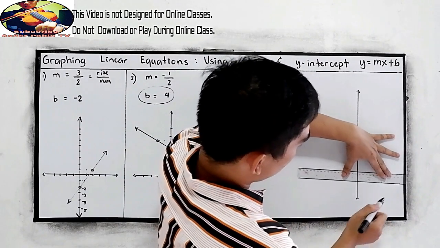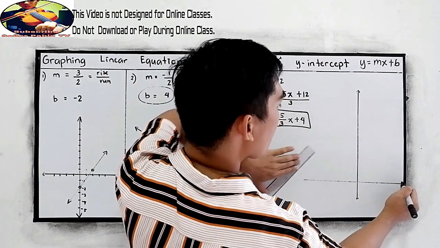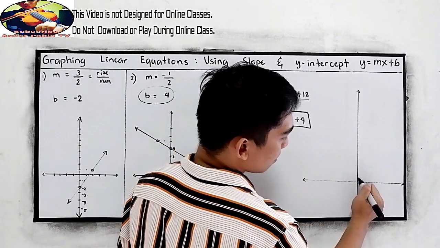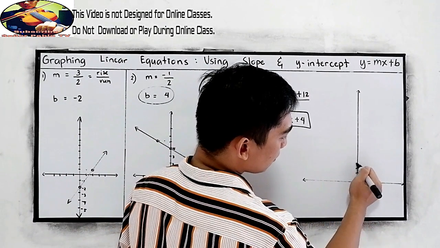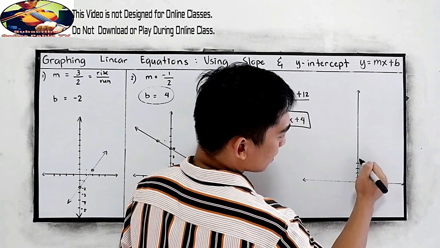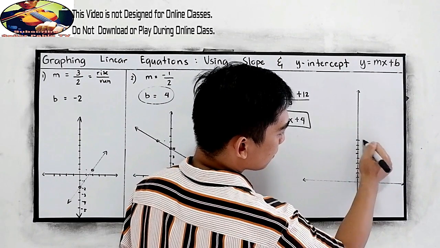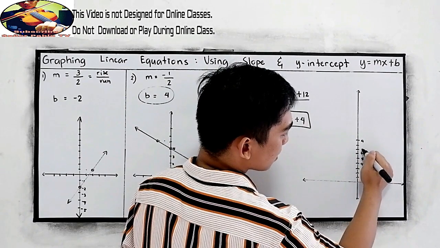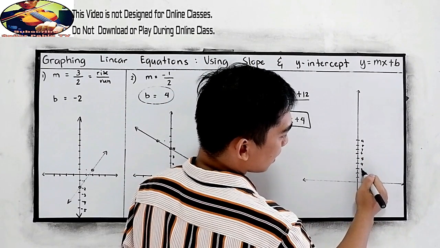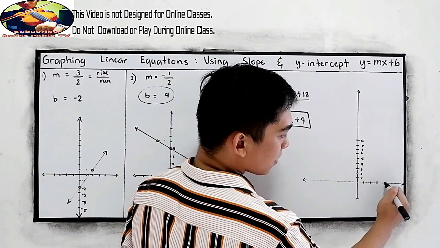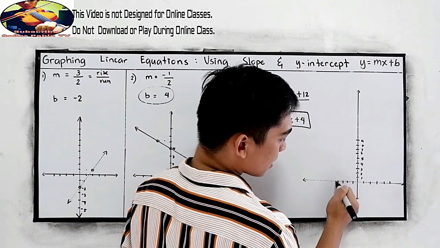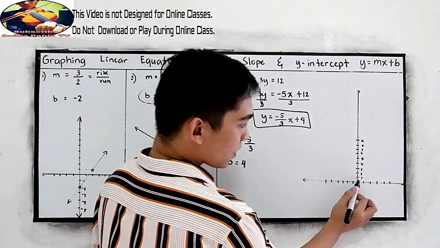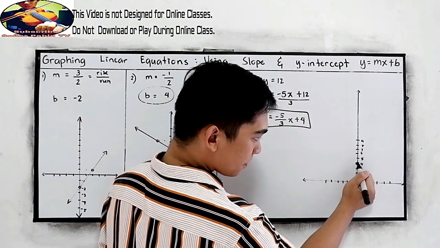So, okay, positive 4: positive 1, 2, 3, 4. 1, 2, 3, 4, 5, 6, 7, 8, 9, then 3, 2, 1. Then positive numbers, negative numbers. Okay. Locate 4. It's here.